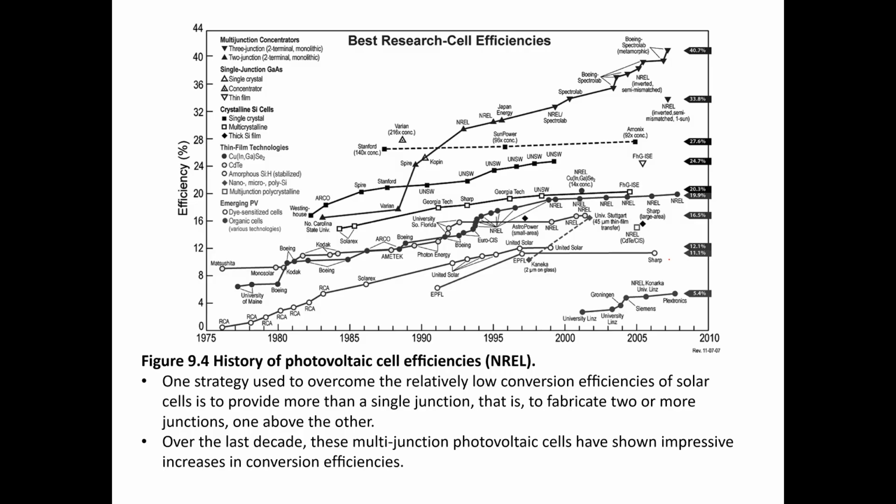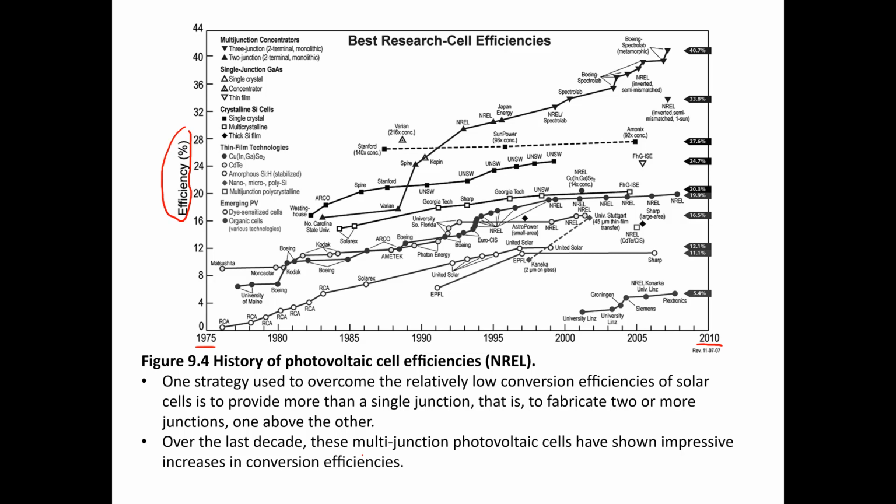This graph gives you an idea of how the efficiency of photovoltaics has changed over time. On the y-axis, you have percentage of efficiency, and on the x-axis, you have a time scale from 1975 through 2010.